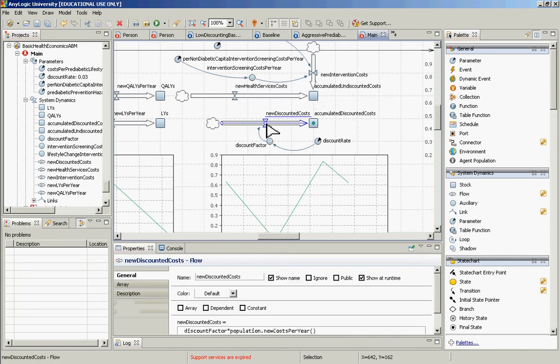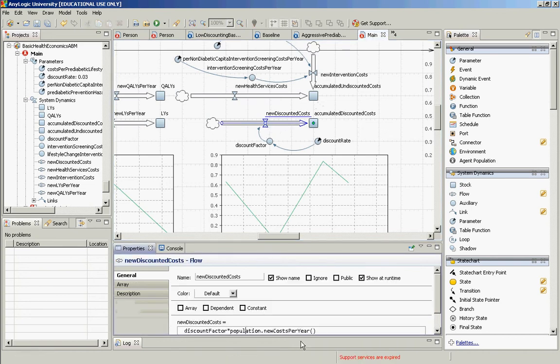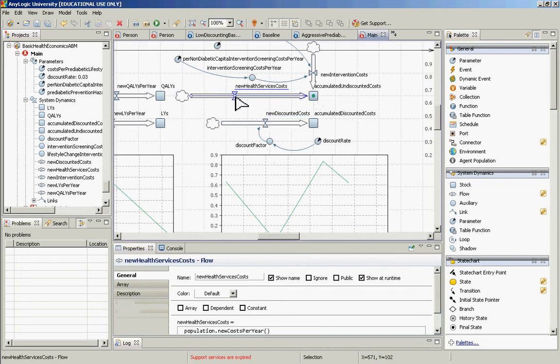So here we have new discounted costs, which here need to take into account not just the population new costs per year as dictated by the population, something that's taken into account here, but also needs to take into account these interventions.